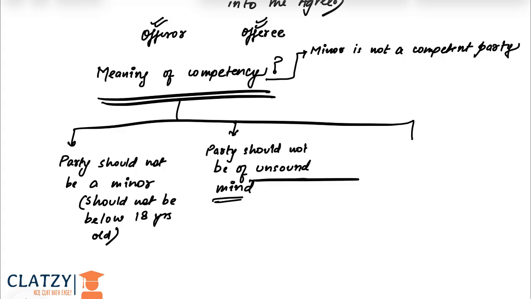If you ask that person to enter into an agreement, the question that you will need to ask yourself is, can this person even understand this agreement? Can the person understand the contents of the agreement and the consequences of signing that agreement? If the answer is no, then that person is unsound.